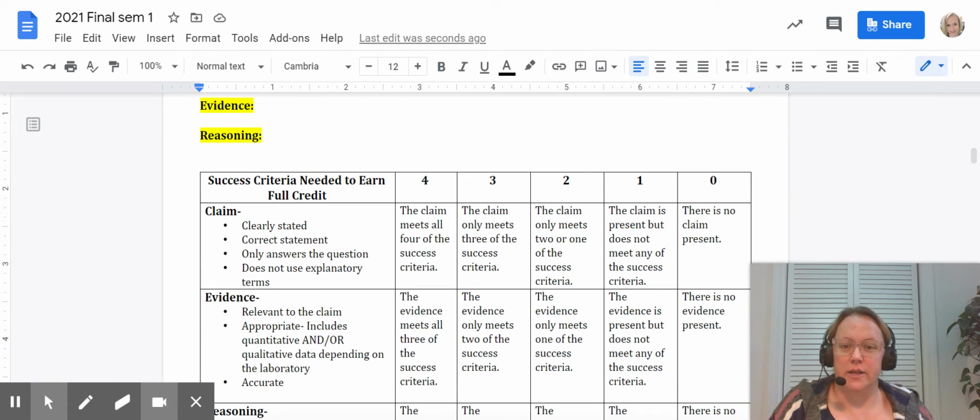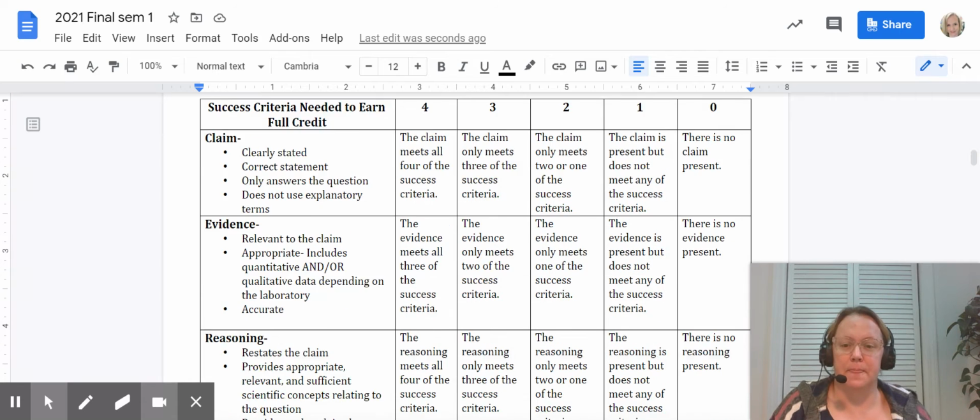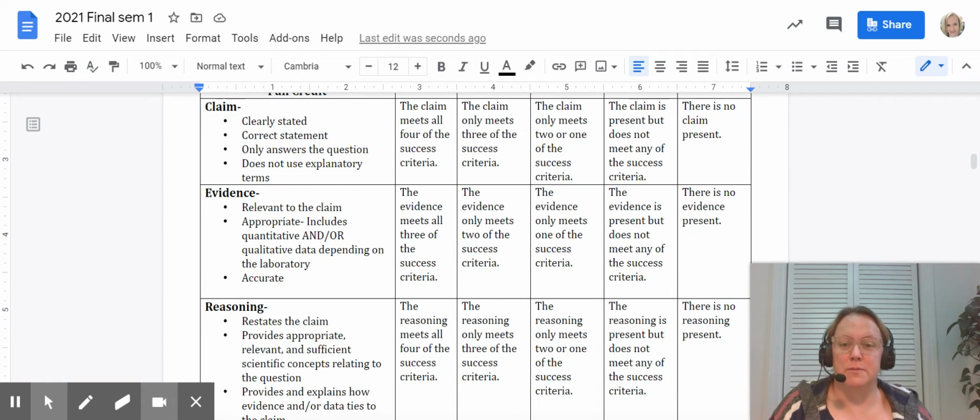Success criteria to earn points. Claim is clearly stated. It's a correct statement. It only answers the question being asked and does not use explanatory terms like because. Evidence must be relevant to the claim. Appropriate includes quantitative and/or qualitative data depending on the laboratory, and it must be accurate.